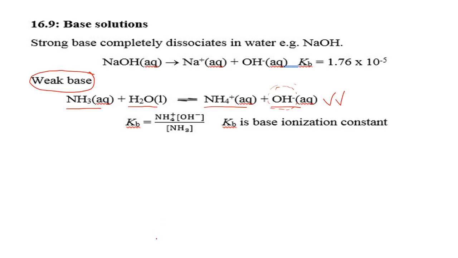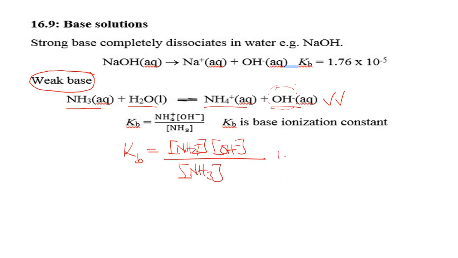If you want to solve a problem based on a weak base, definitely you are also going to use the Kb. So Kb will be given as the product, which is NH4 plus times OH minus, over NH3. As usual, water is ignored.